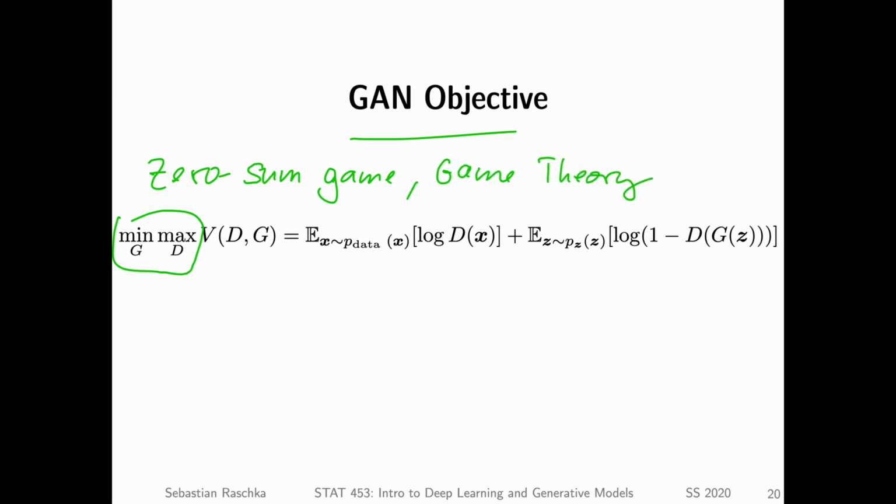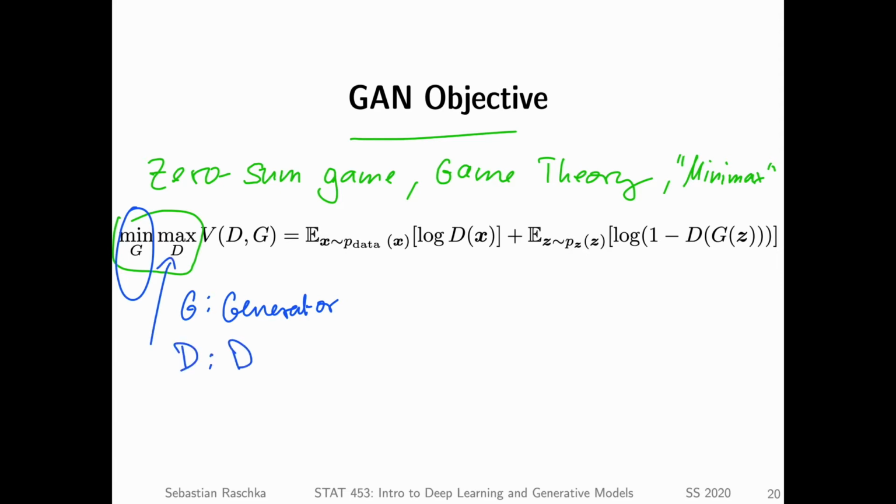Sometimes people also call it minimax. We have a minimization and a maximization problem. We want to minimize some objective over G, where G is the generator, and maximize part of this objective for the discriminator, D.